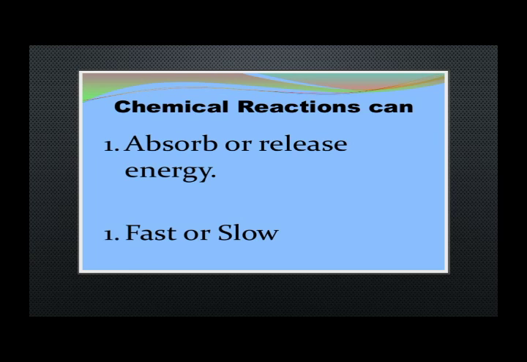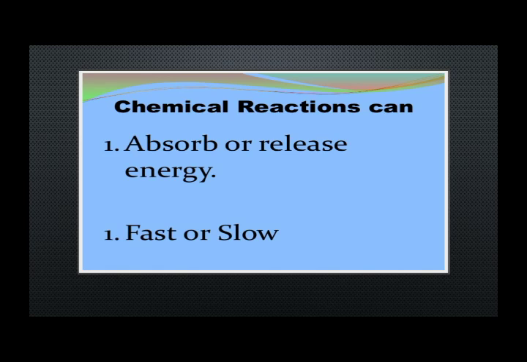Here we can see on the screen that chemical reactions can absorb or release energy. And one more property of chemical reactions that could be discussed here is that they could be fast or they could be slow. Some chemical reactions are very fast while some are very slow.